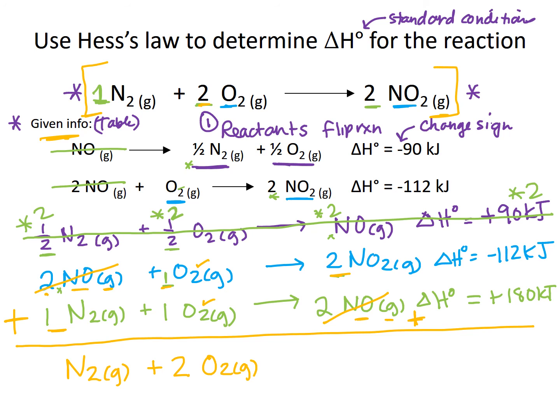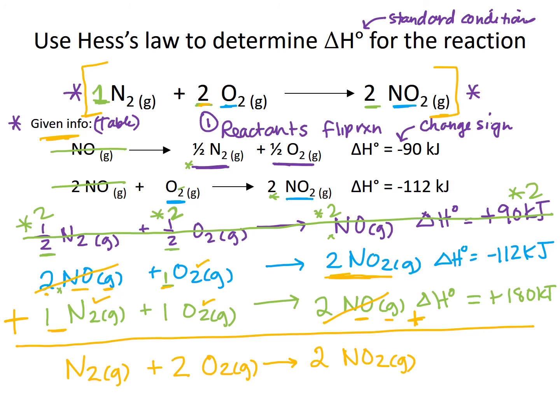Now I have used every single reactant of those 2 reactions that I'm adding together. Then I draw my reaction arrow. And the only thing that's left on the product side is this up here, so 2 moles of NO2 gas.